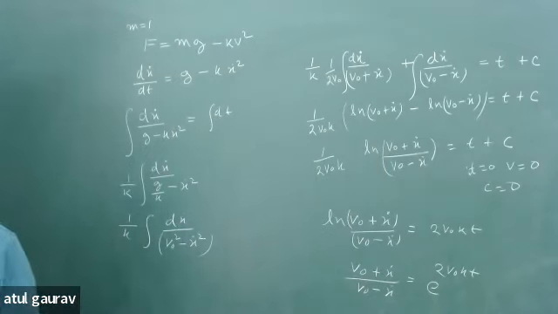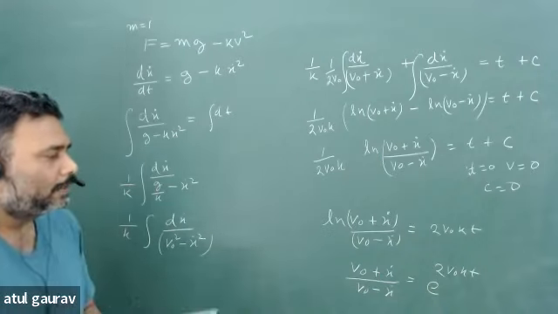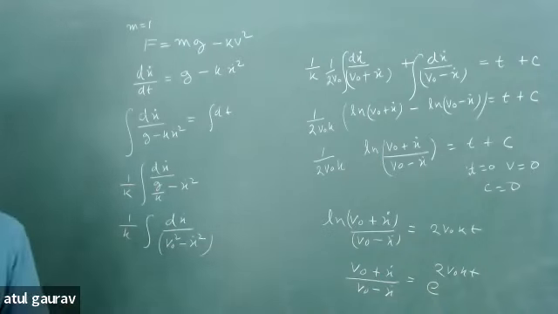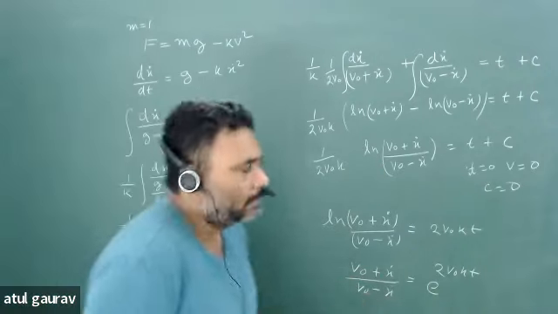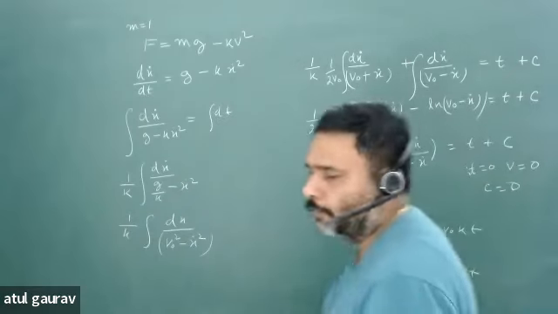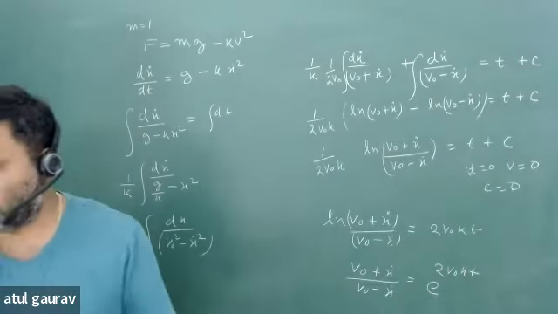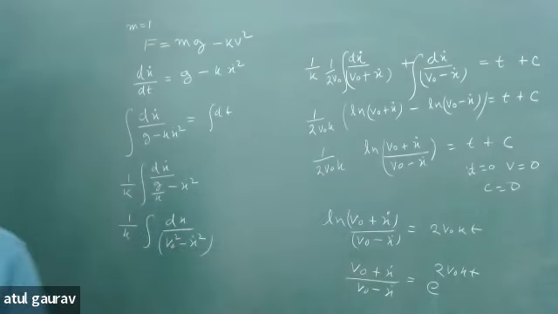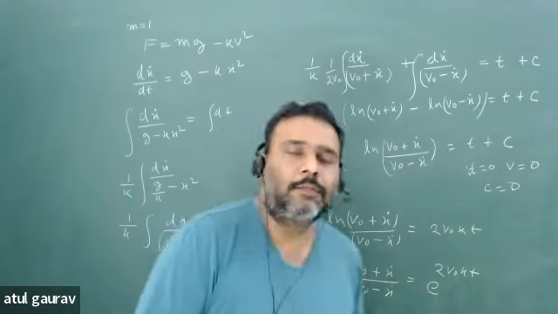So when you go for this one, what will the value of x dot come out to be? What kind of equation will come for the value of x dot? So if you solve it, how will you solve it? You will multiply it on this side and you will take x dot common. So you have 1 minus e to the power 2 v naught kt, and on the other side 1 plus, let's see. Don't worry. Is it clear till here? Because it's very interesting, and its calculation is very long.